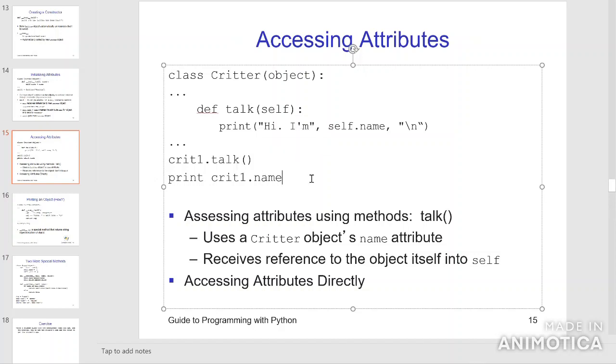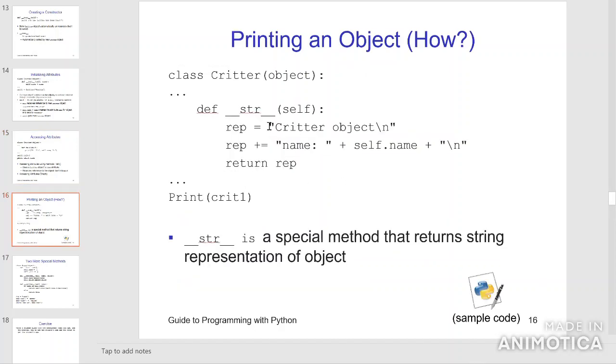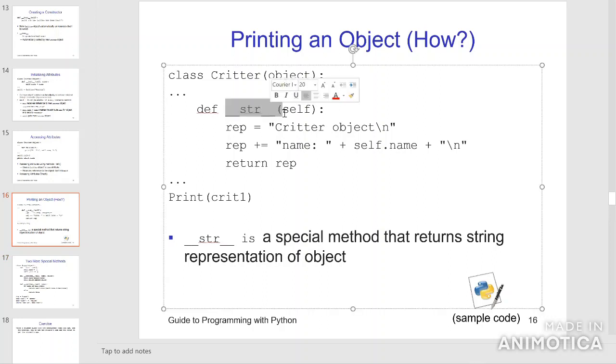Okay, but for a special method, you don't need to use the method name to call it. For example, this str, you don't need to call str. You actually just print the object. Then this operation will go ahead and run this method.